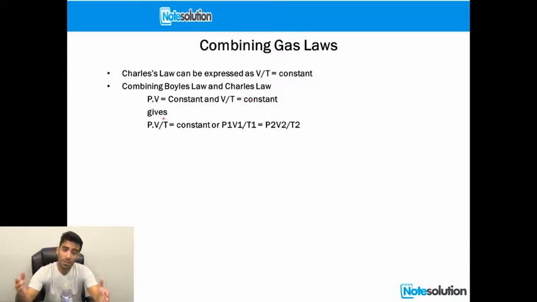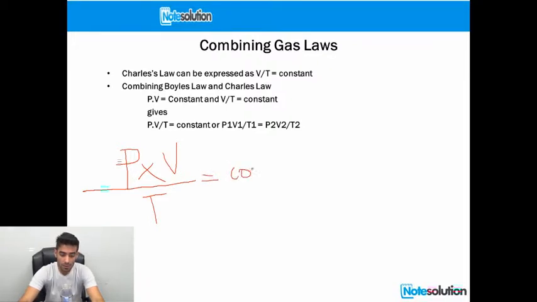So by combining Charles' law and Boyle's law, we find that P times V over T is constant.